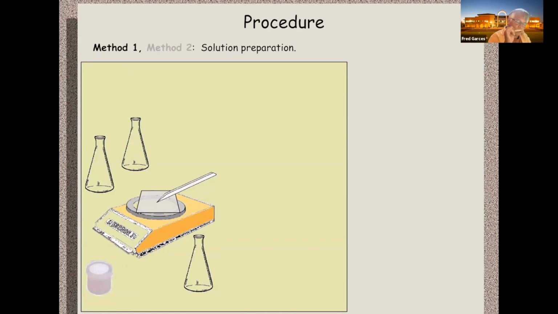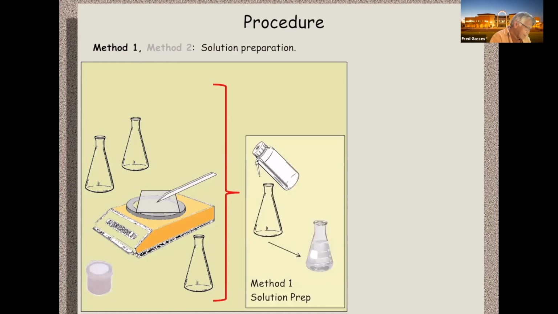So this is method one. You weigh your unknown acid, okay? And you guys will be assigned different unknowns depending on your CSID. You weigh that, then you put it in a container, a wide mouth Erlenmeyer flask, and then you add water. Whether you add 10 mils of water or 20 mils of water, the moles of the acid is already fixed depending on the mass that you have.